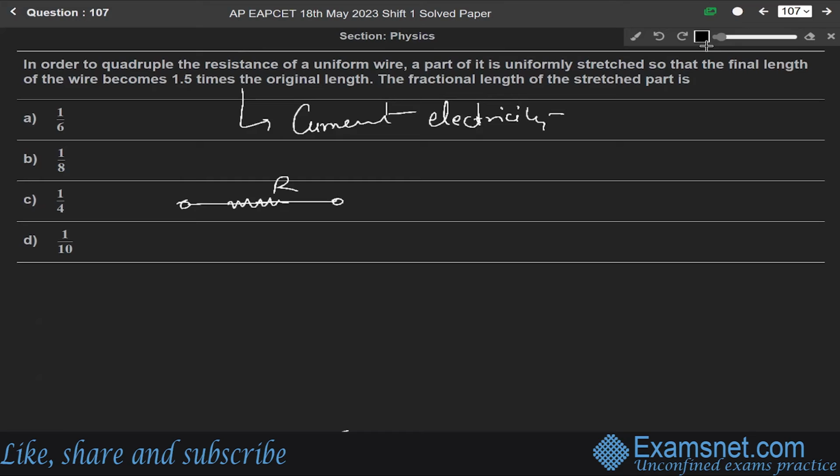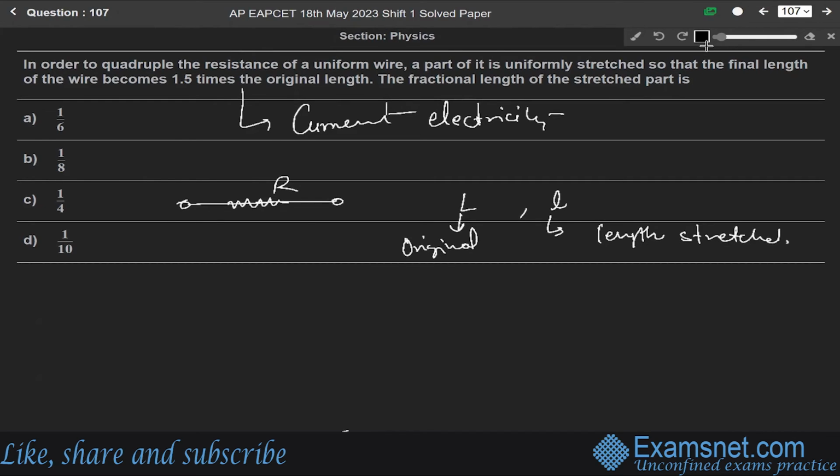So let capital L be the original length of the wire and let small l be the length stretched. This capital L will be the original length and this small l is the length stretched.